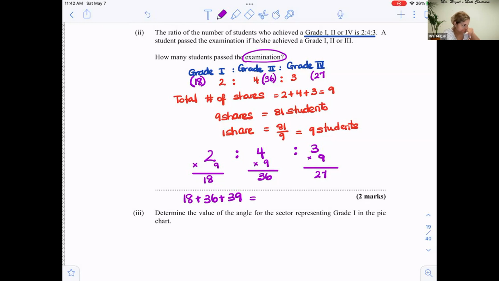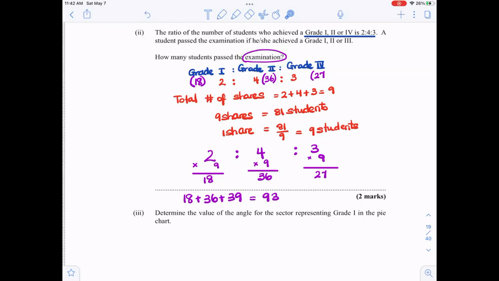What is the total? 93. So do you understand how to do the ratio? Is anybody confused, or do you still not know what to do with the ratio question? Do you all understand it a little bit better now?